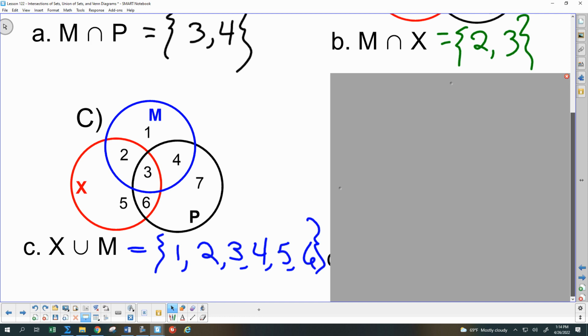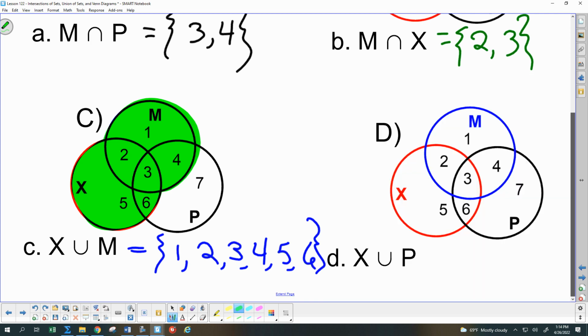Might be easier to see this one if we did our shading. So I'm going to take everything that's in the X circle, everything that's in the M circle, put those together, and I have everything except the 7. What if I wanted to take X union P?